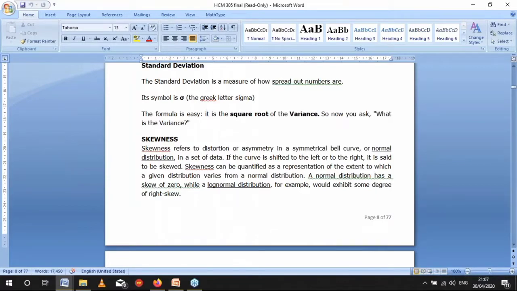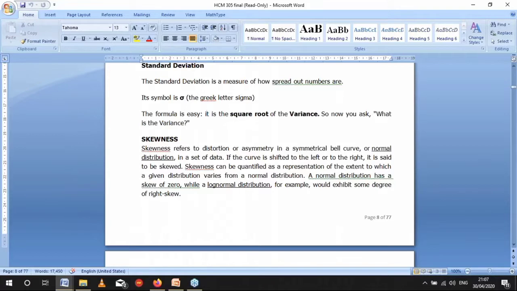So we have some examples of parametric statistics. We have what we call t-test. We have Wilcoxon test, W-I-L-C-O-X-O-N. We have Mann-Whitney test, M-A-N-N-W-H-I-T-N-E-Y.